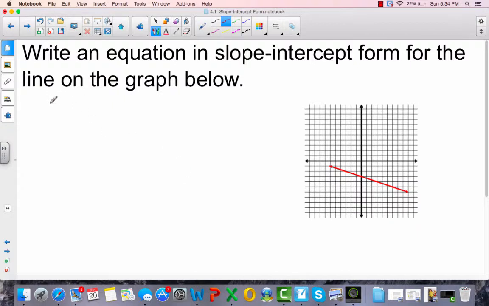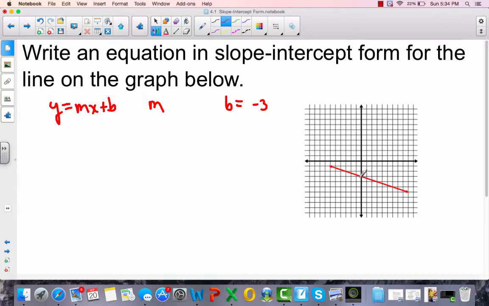All right, so remember the slope-intercept form is y equals mx plus b. You need to find the slope and you need to find the y-intercept. So we come down, we go -1, -2, -3. Our y-intercept is -3. We start here, and we can either go this way or we can go this way. It doesn't matter.